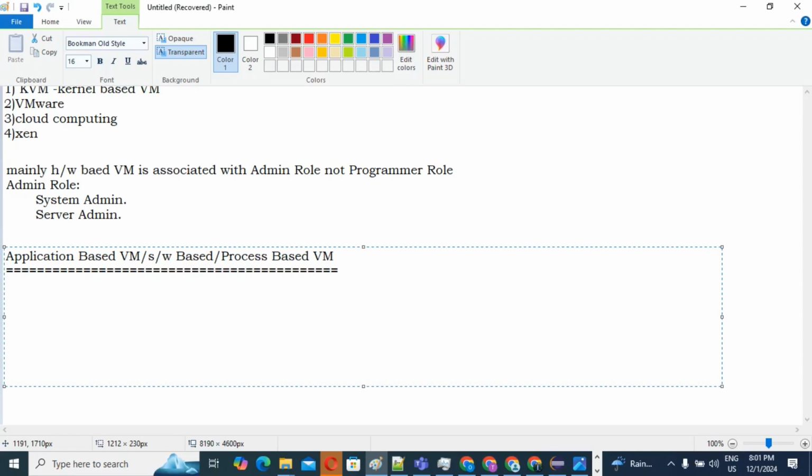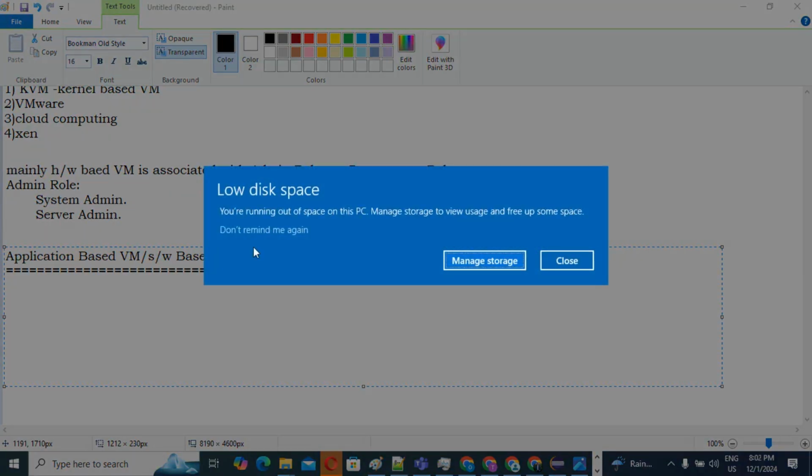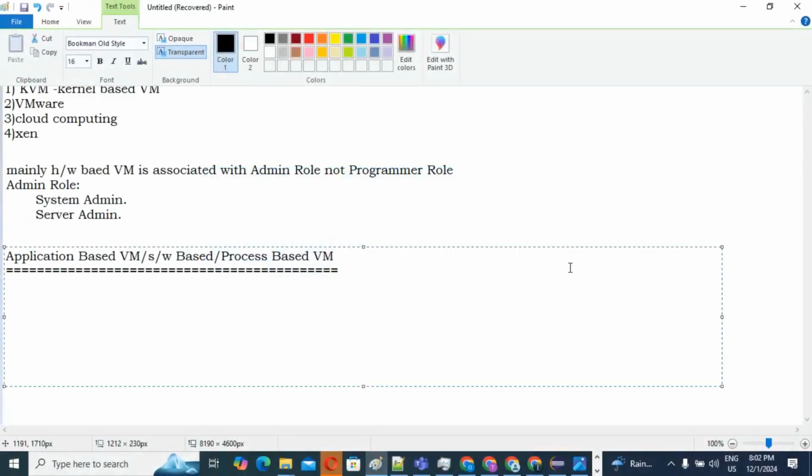So see, the virtual machine acts as a runtime engine to run a particular programming language application. One thing you need to understand also: what is the VM, guys? What is the VM? It means what is the virtual machine.